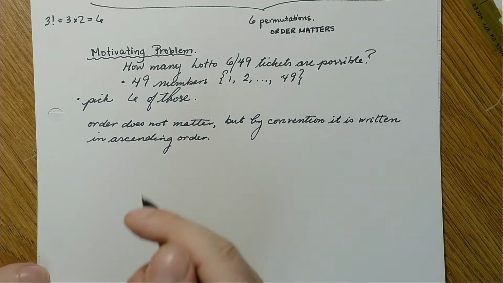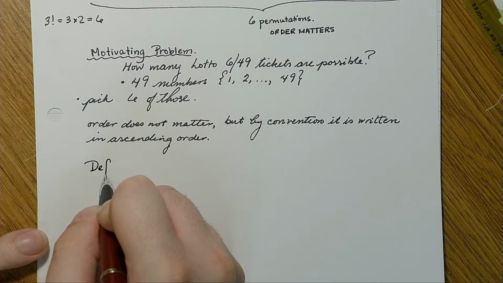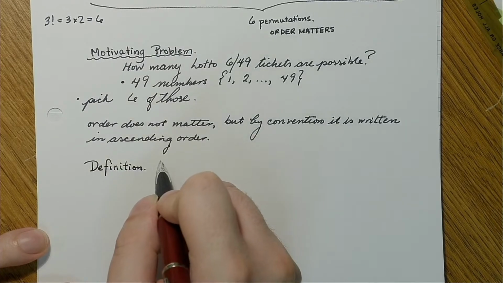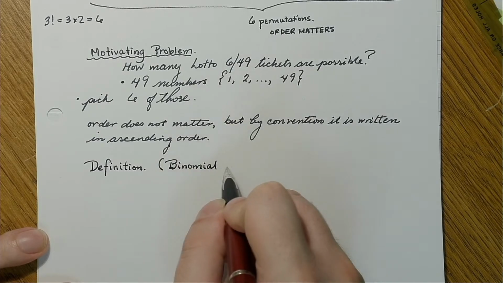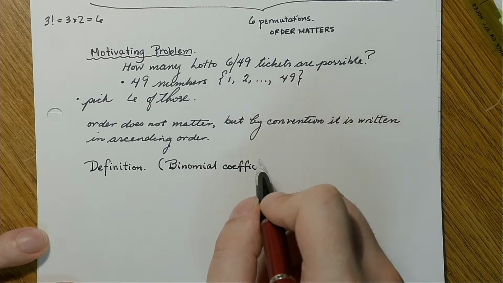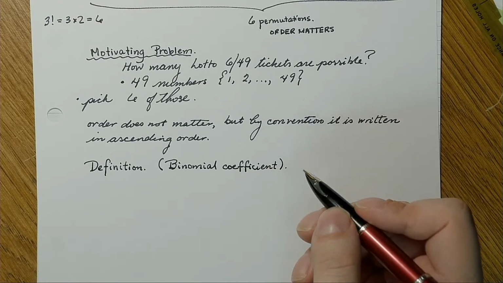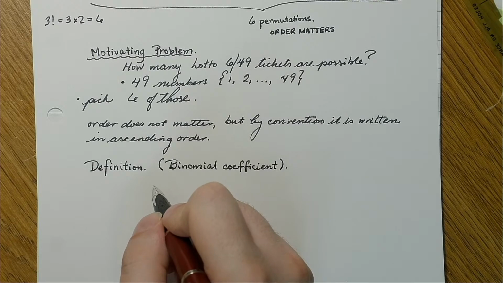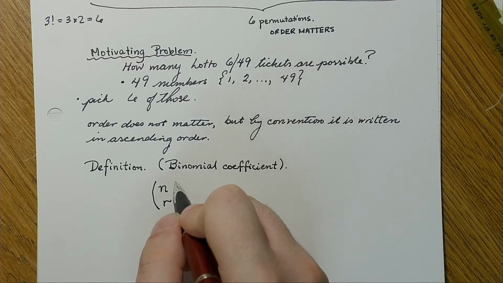So here's a definition. We'll call it the binomial coefficient. What we usually write this as, we'll write as n, and here is r.